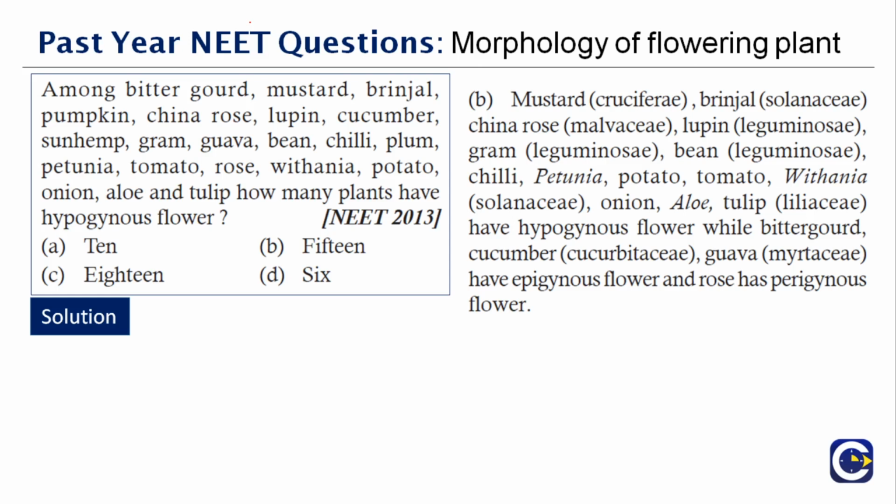Guava has an epigynous flower, rose has a perigynous flower, and bitter gourd, guava, all these have epigynous flowers. So how many have hypogynous? It is 15 out of the 21 here. Mustard, brinjal, China rose, bean, potato, tomato, all these belong to hypogynous, while guava, cucumber, rose, all these don't come under hypogynous. So the answer to this question is option B.